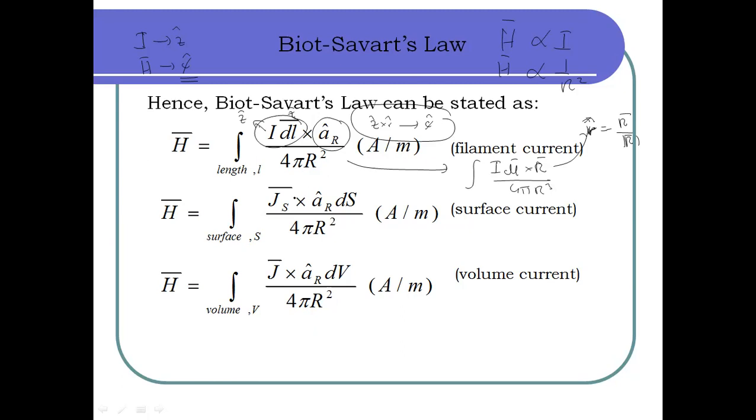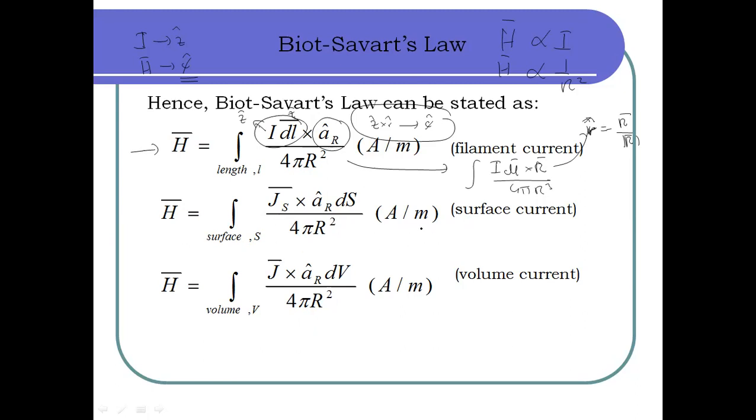This is for the case of the filament current. The same thing applies for the case of surface current, where the I dl is now substituted by the Js vector dS.